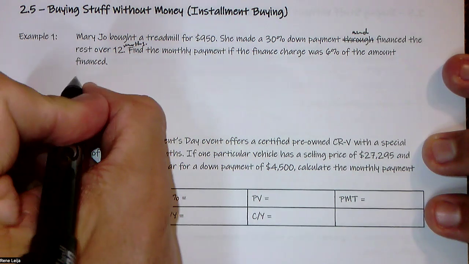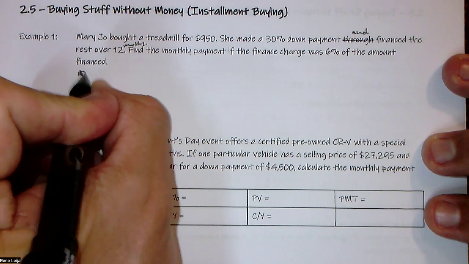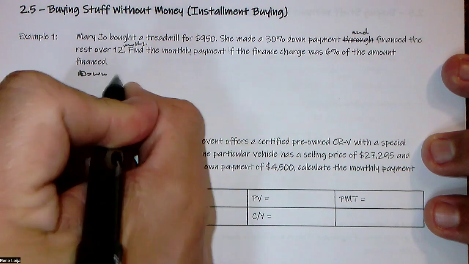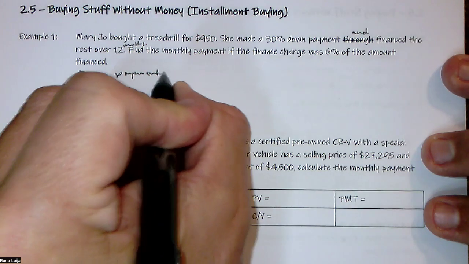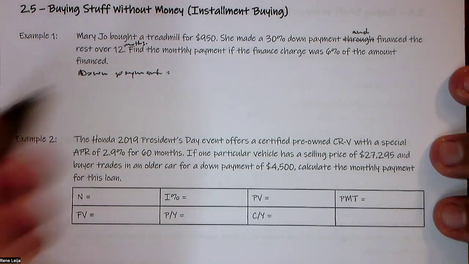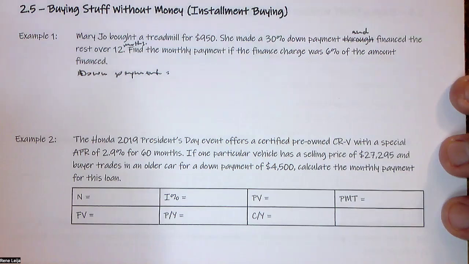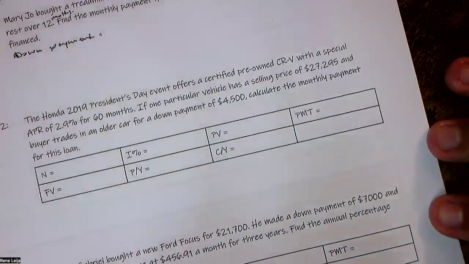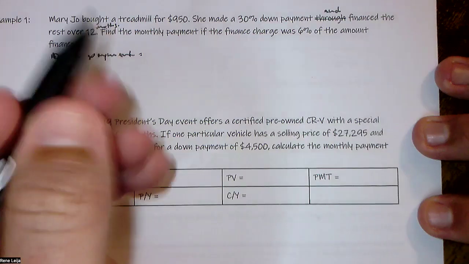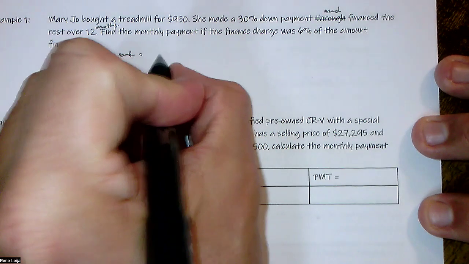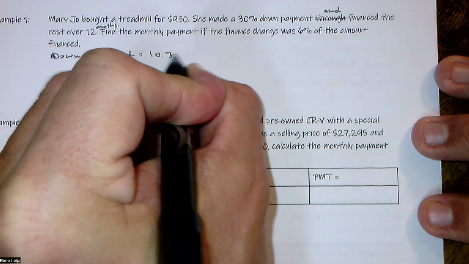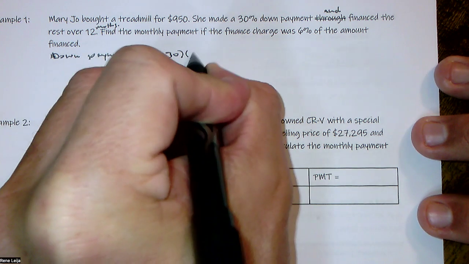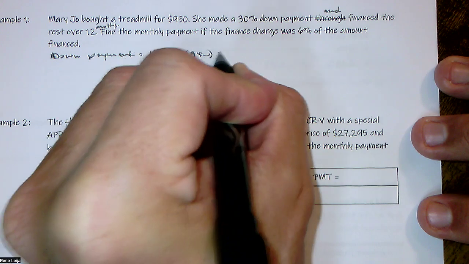Okay. So amount financed. Well, first we need to know what the down payment is, right? Because we have to know how much we have to subtract from the 950 so that we know how much she's going to finance. So the down payment is going to be 30% of the 950. So that's 0.30 times 950.